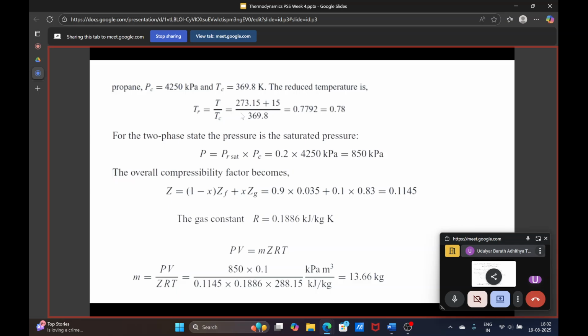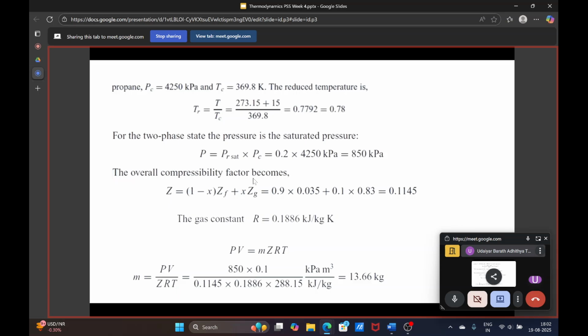The temperature of 15 degrees is 273.15 plus 15, divided by your critical temperature 369.8, which gives a reduced temperature of 0.78. For this state, we know PR sat is 0.2, which is given. So P is PR sat times the critical pressure. With this we can find the pressure, which comes out to be 850 kilopascal.